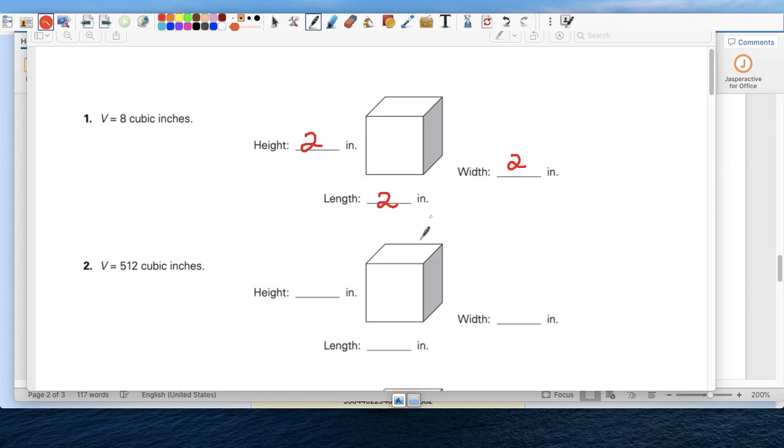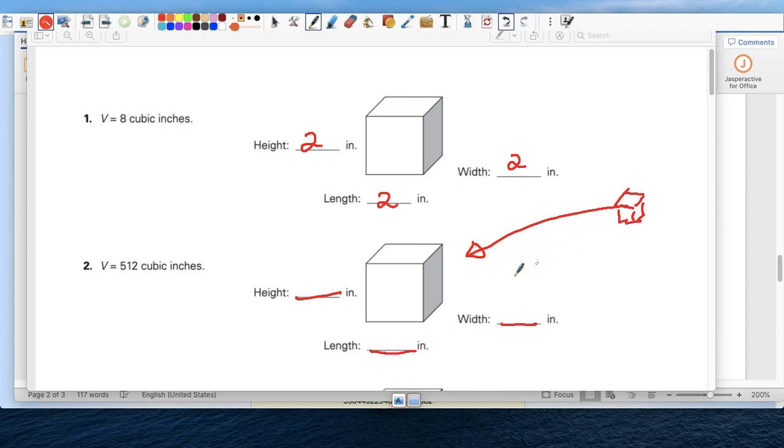In a cube, imagine this cube, and there are 512 of these that were used in here. And if it's a cube, we know that this side and this side measure the same.